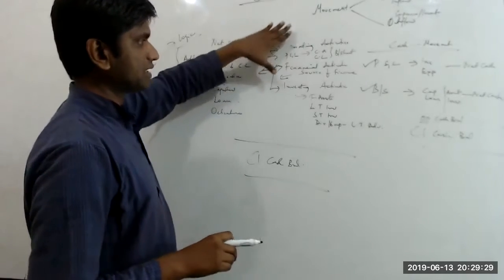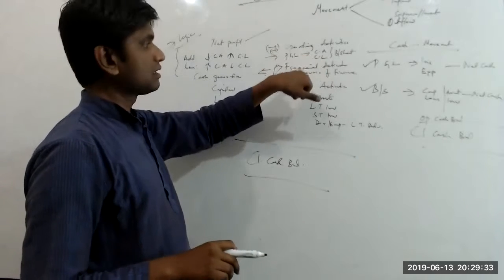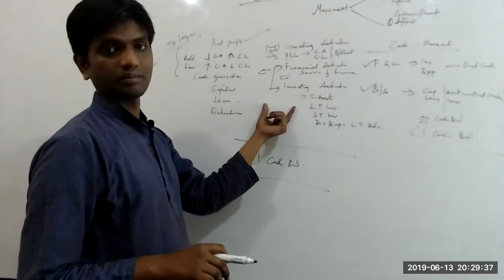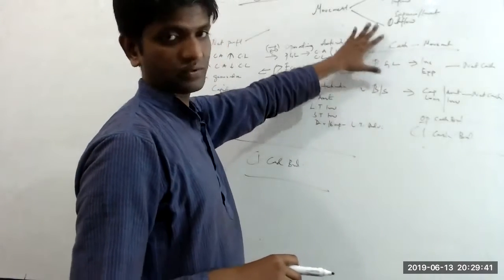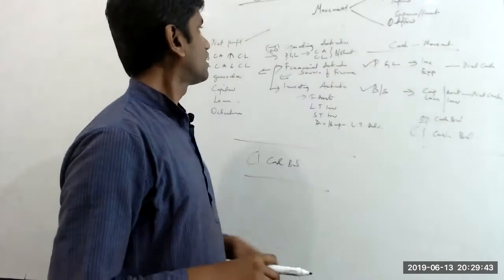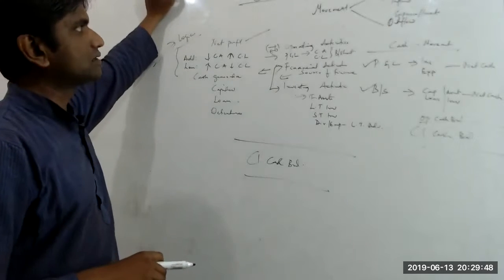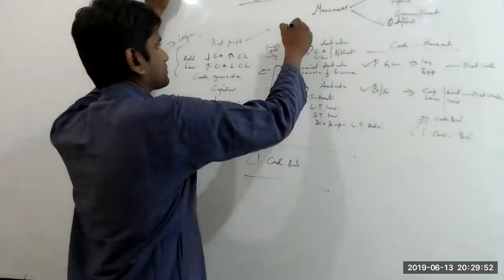There can't be any other heads apart from these three. Operating activities cover the P&L items. The financial activities and investing activities take care of the balance sheet. So the cash movement can only be in these two, that is P&L and balance sheet, nowhere else. Okay, so this is the format of the cash flow statement under the indirect method.